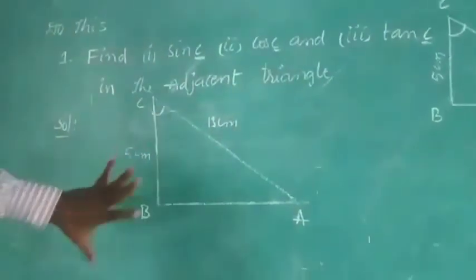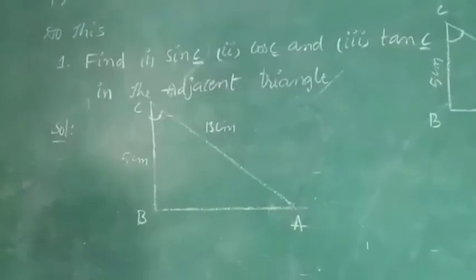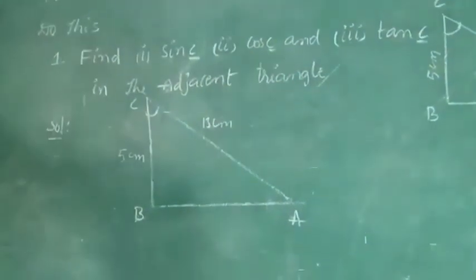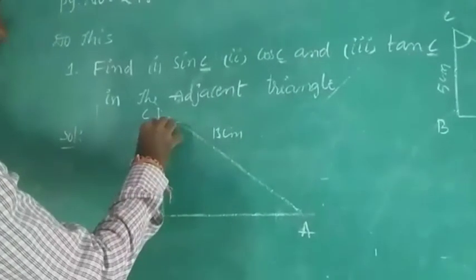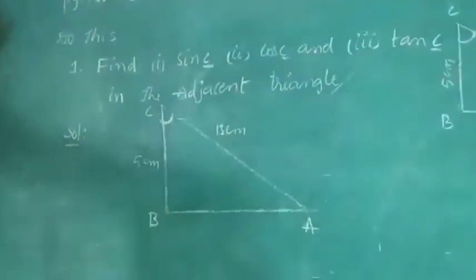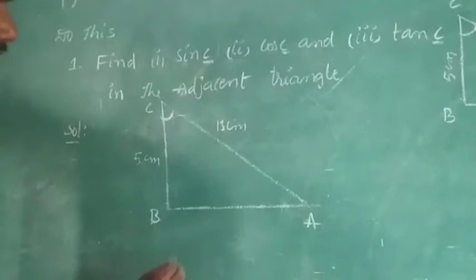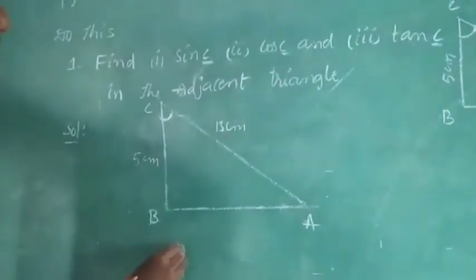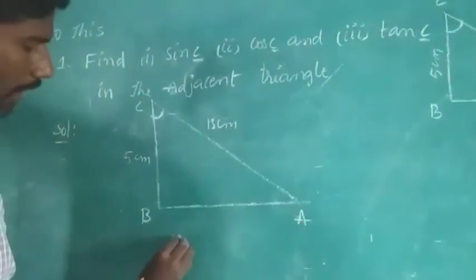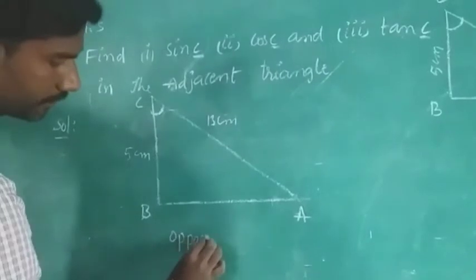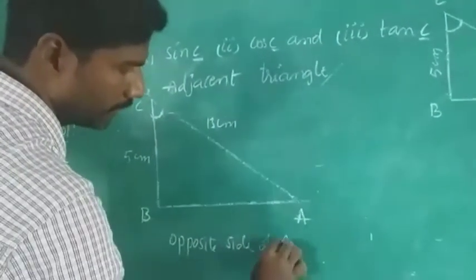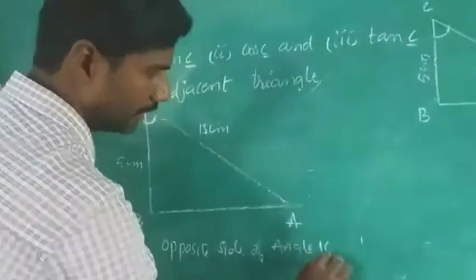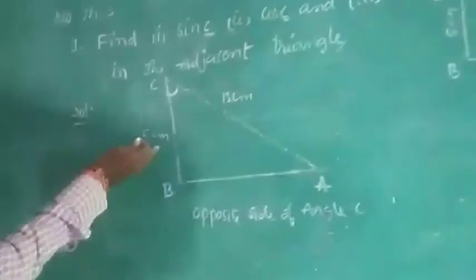See, first we need to find out which is opposite, which is adjacent, which is the hypotenuse. Here is C, right? For angle C, AB is the opposite side of angle C. Then what about this one?